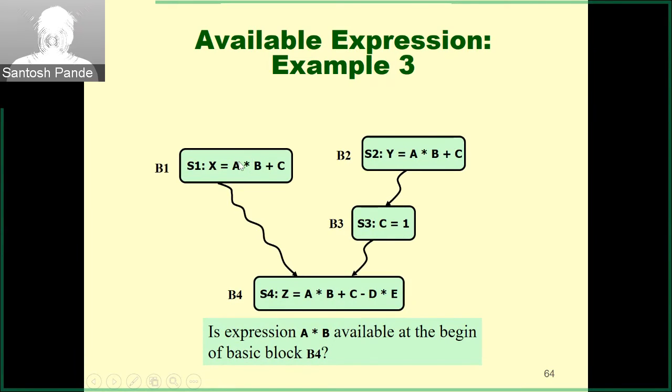So this is evaluated, of course, on this path here. It's evaluated on this path here. So that condition is met. Second condition is after the last evaluation point, neither A nor B should change. That condition is also true, and therefore, as far as A star B is concerned, it is available.